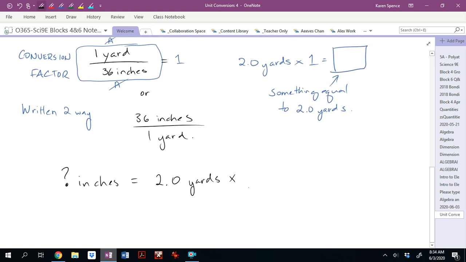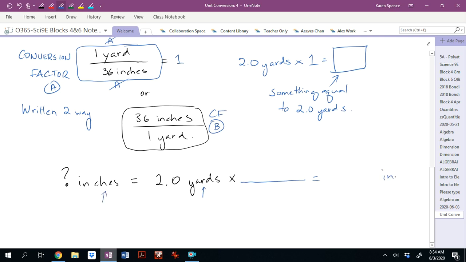Well, remember, I can multiply this by one of these two conversion factors. This is conversion factor A, this is conversion factor, I'll just call it CF for conversion factor B. What I want is for my units to end up, in the end, not to have yards anymore, I want to have inches.